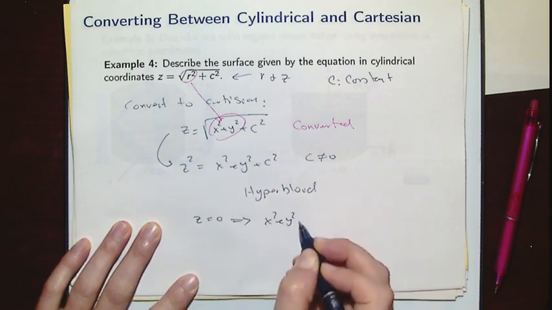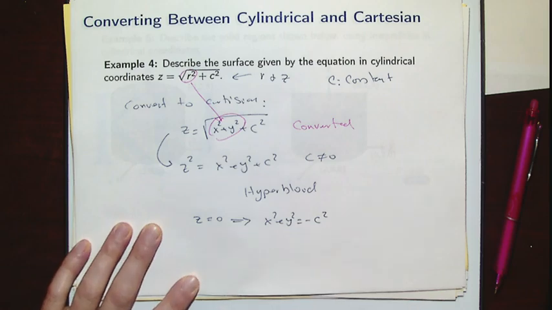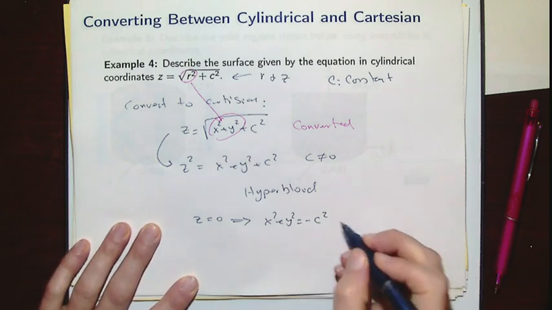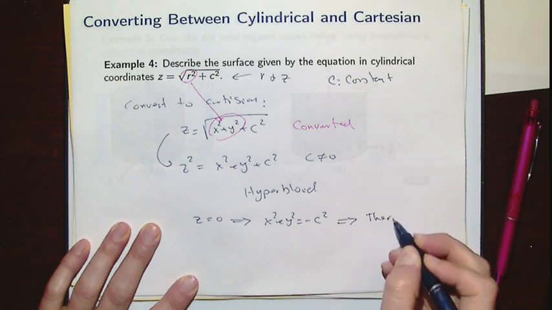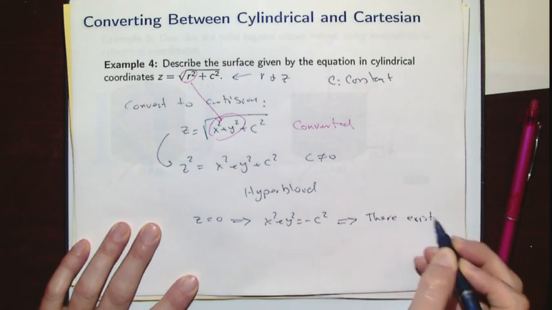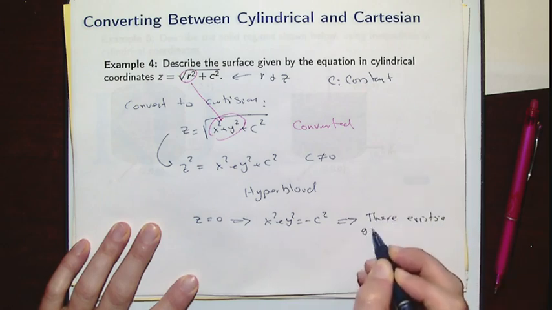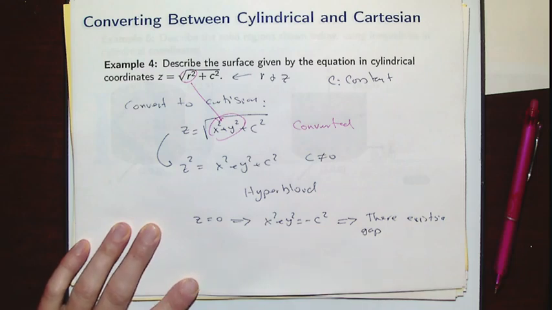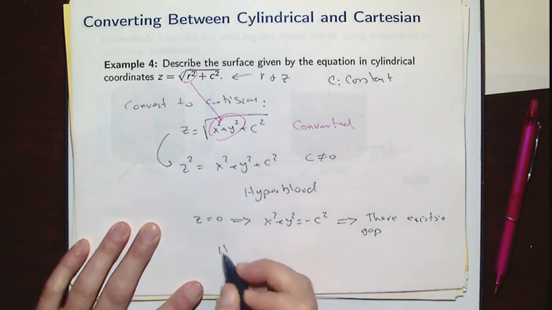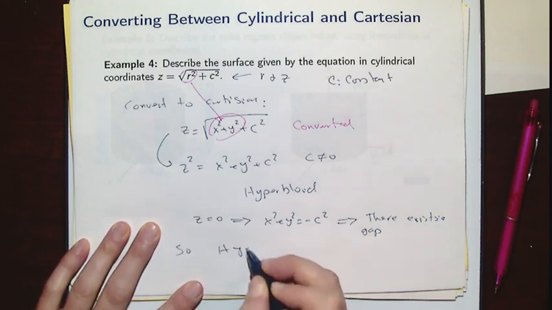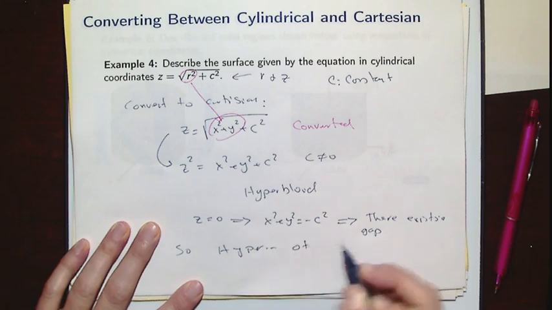X squared plus y squared equal to negative C squared. Is it possible? So there is a gap, correct? So it's a hyperboloid of 2 sheets.